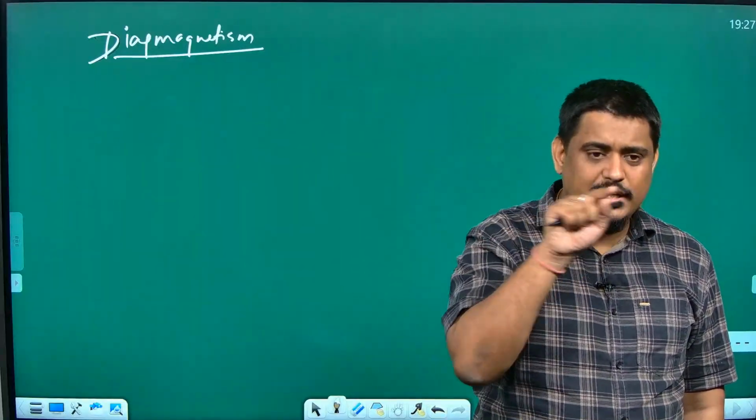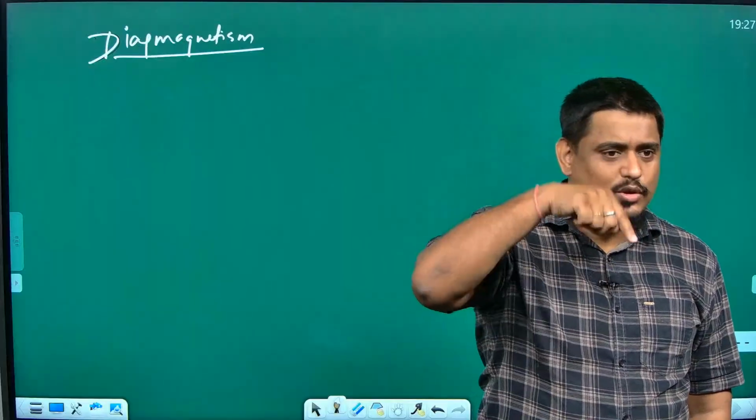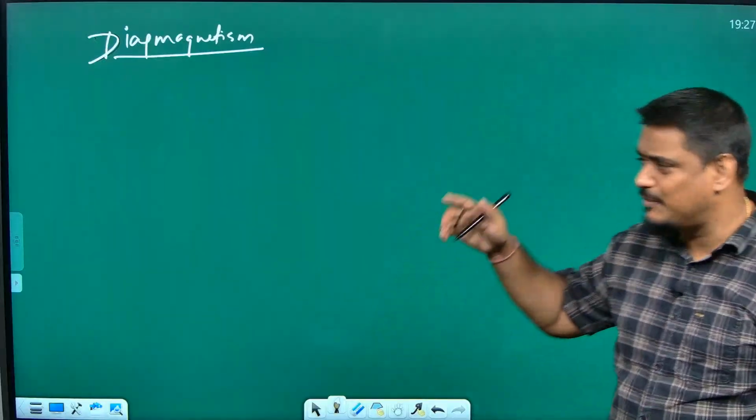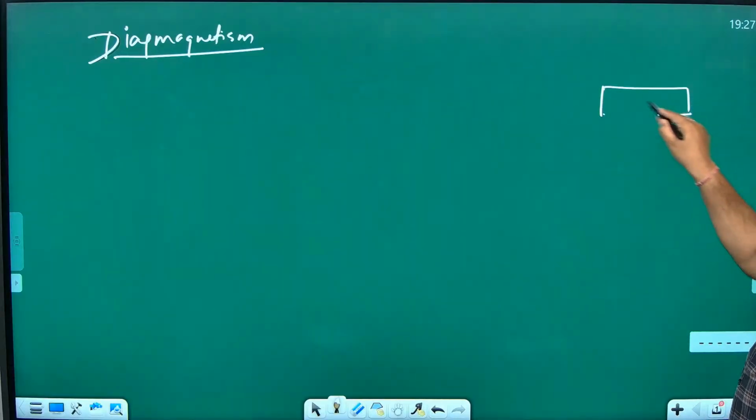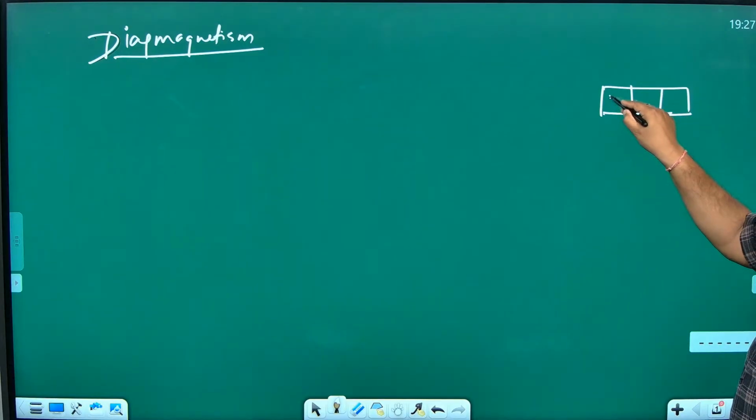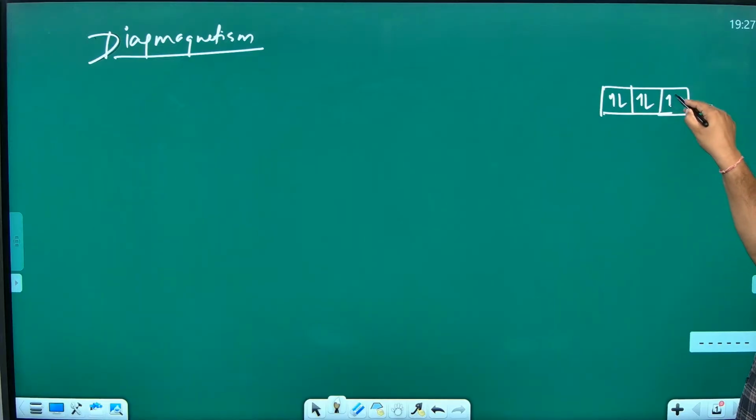So, every orbital will have 2 electrons inside. I hope you know this SPDF theory and all these things, right? Basic chemistry, where if you have a shell like this, then this is a fully filled orbital, isn't it? So, opposite spins are there. So, all the electrons are paired in this element.